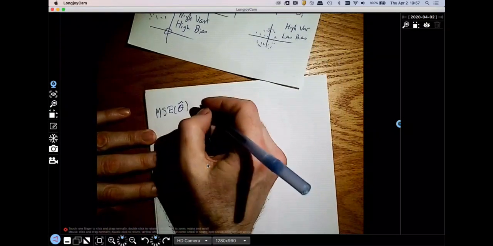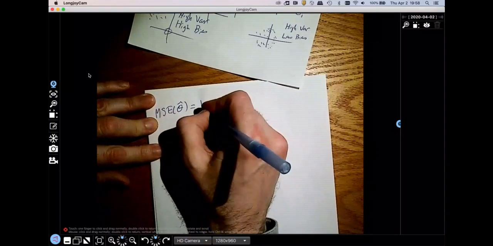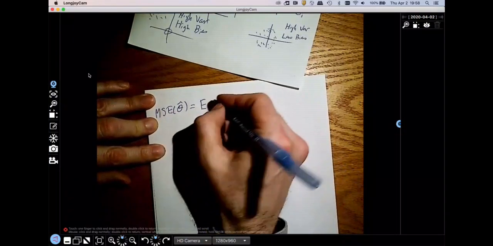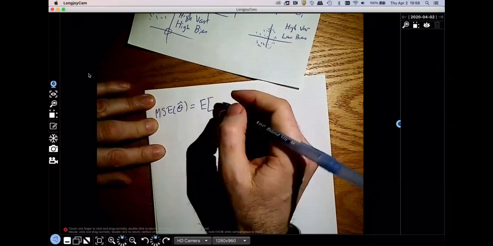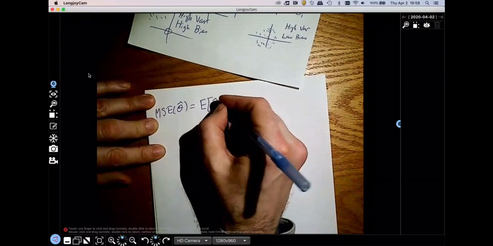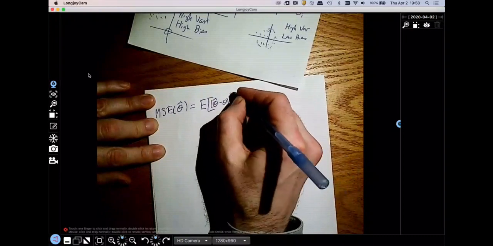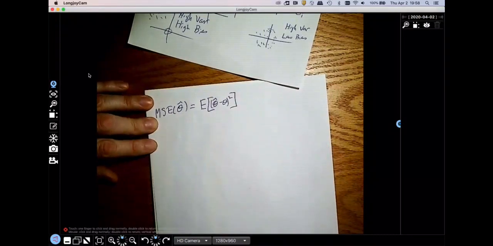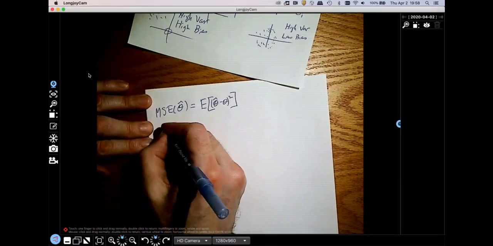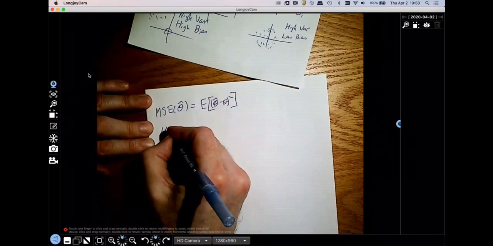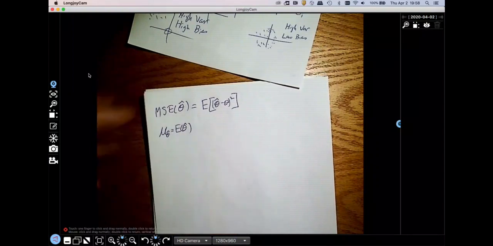And so what exactly is the mean squared error of theta hat? By definition, this is just the expected value of theta hat minus theta squared. Now, I'm going to introduce a symbol. Mu theta hat is just the expected value of theta hat.